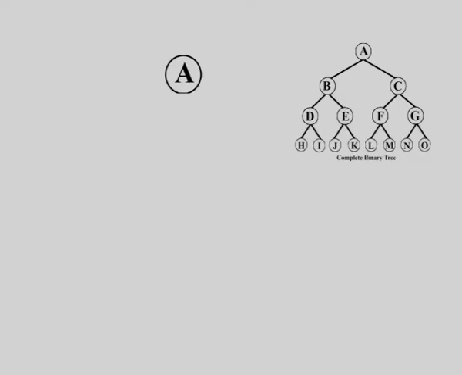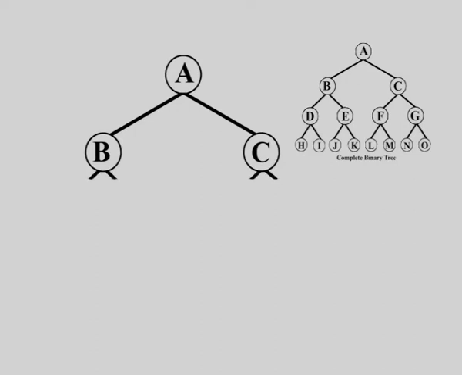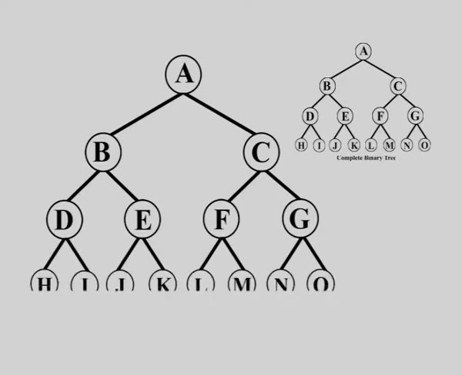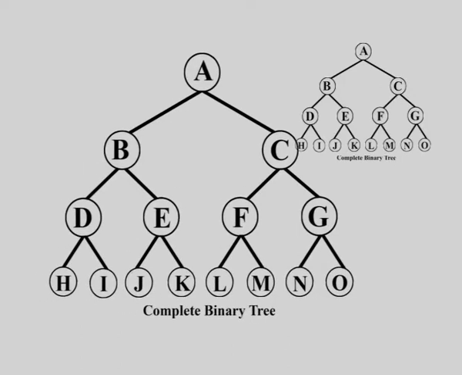At level k, there can be at most 2 raised to power k nodes. Level 0 has 2 raised to power 0, that is 1 node. Level 1 has 2 raised to power 1, that is 2 nodes. Level 2 has 2 raised to power 2, that is 4 nodes. Level 3 has 2 raised to power 3, that is 8 nodes.